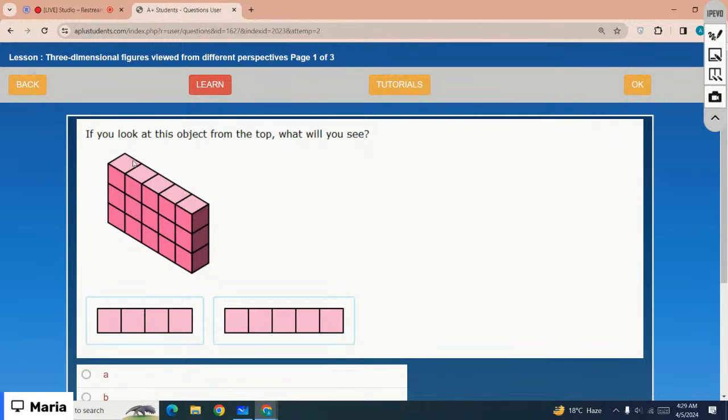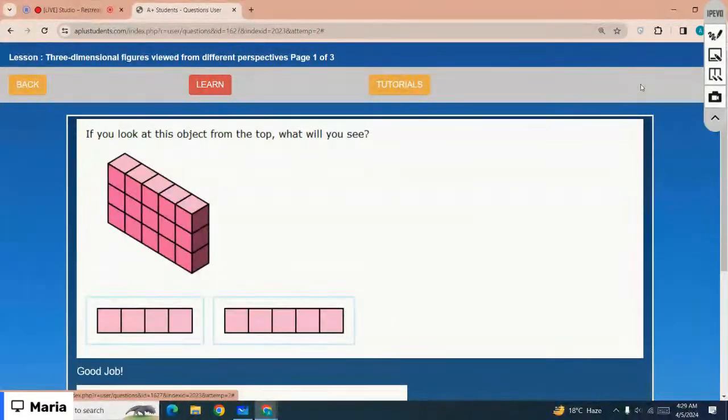Yes, you are looking at this object from the top, so you can see this side, right? Option number, yes, B is the correct option.